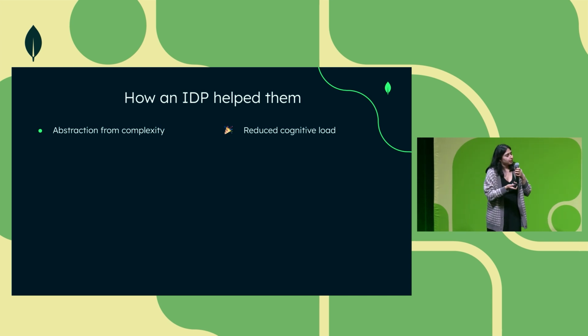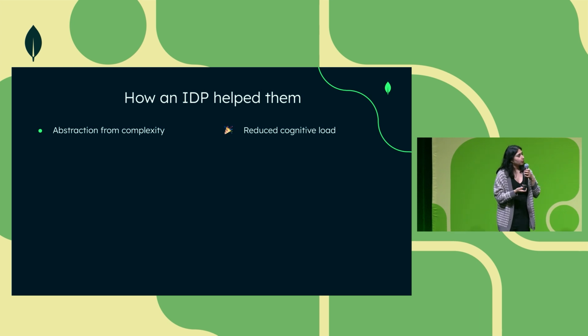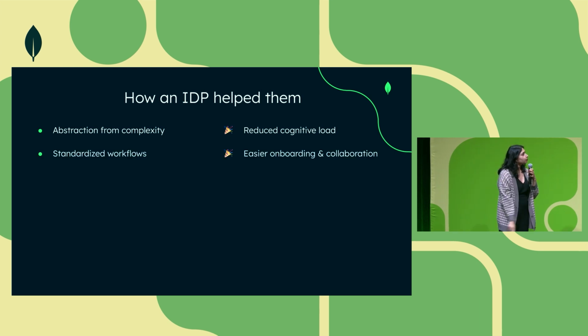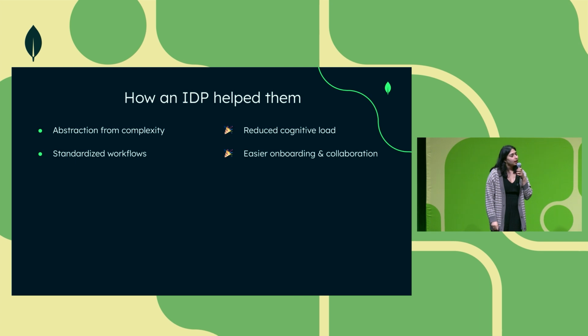So when the IDP was implemented, they were able to abstract away a lot of the complexity that comes from self-managing your toolchain, thus reducing cognitive load. The IDP also standardized workflows, which enabled easier collaboration across the developer organization and enabled greater scaling ability as new developers came onto the team.